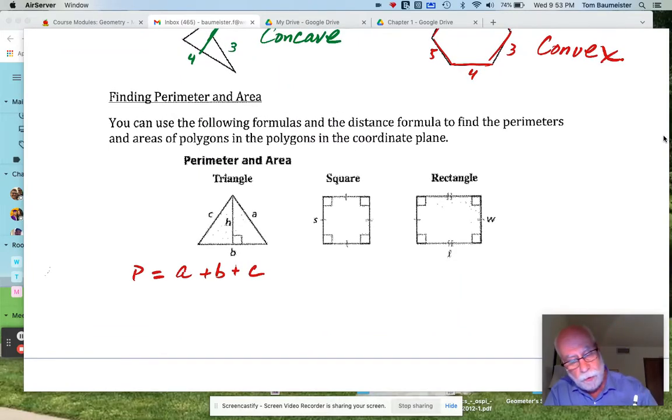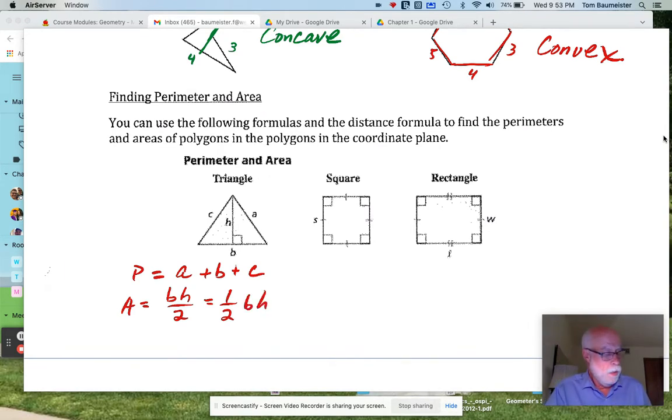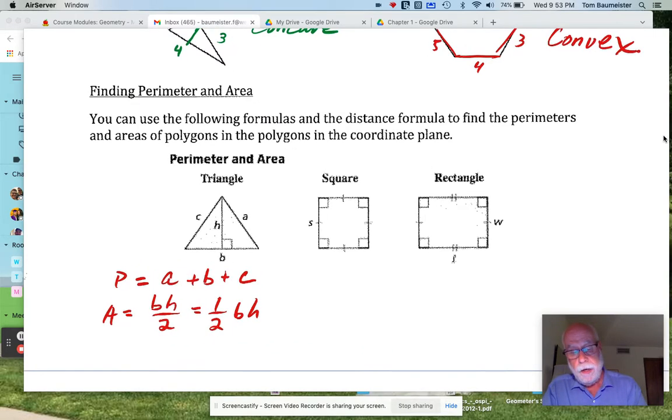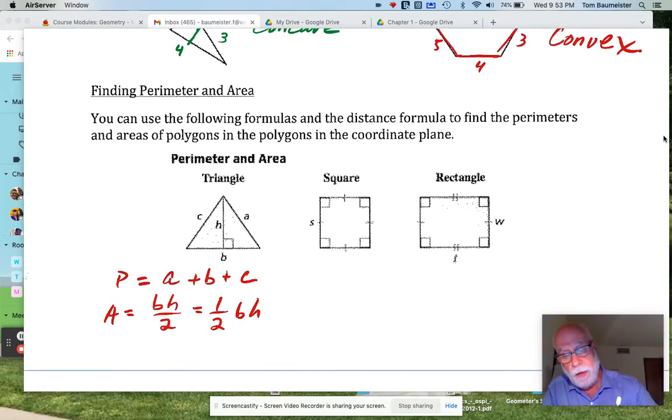Remember on this triangle, our area is equal to base times height divided by 2. Some people like that better than 1/2 the base times height, but if you want to use either one, it's the same thing. For the square here, remember it has tick marks, so those are all the same length.